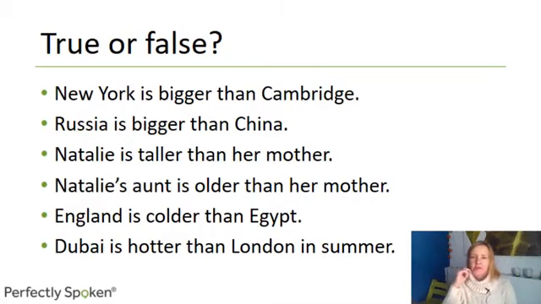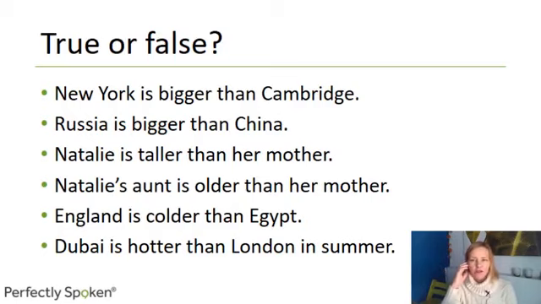Okay, so yes, the first one is. So New York is bigger than Cambridge. True. Russia is bigger than China. True. Natalie is taller than her mother. False. My mother is quite tall.